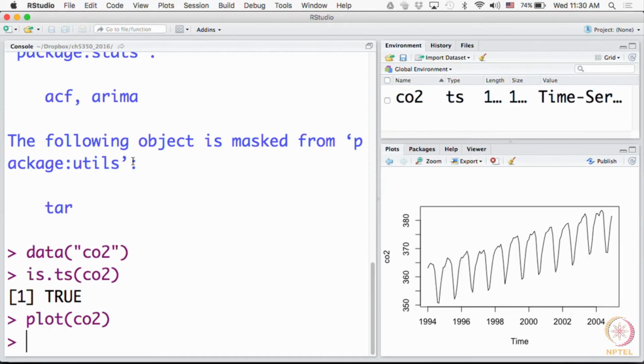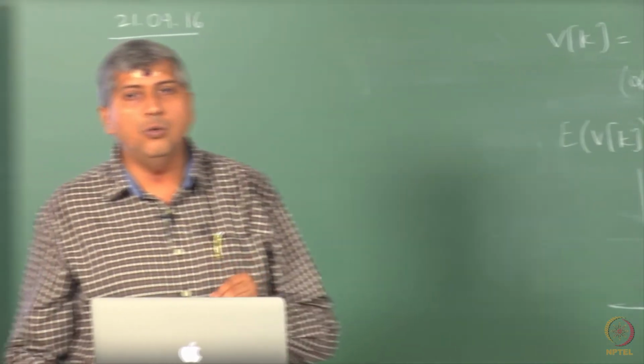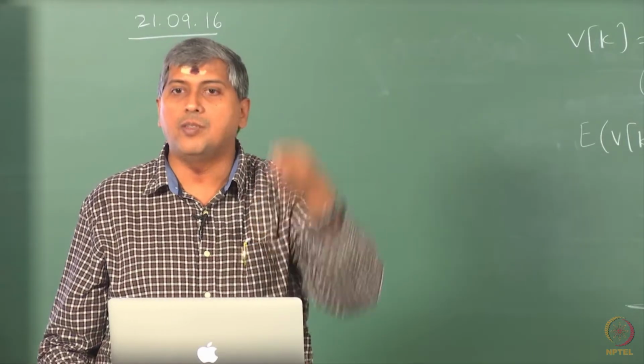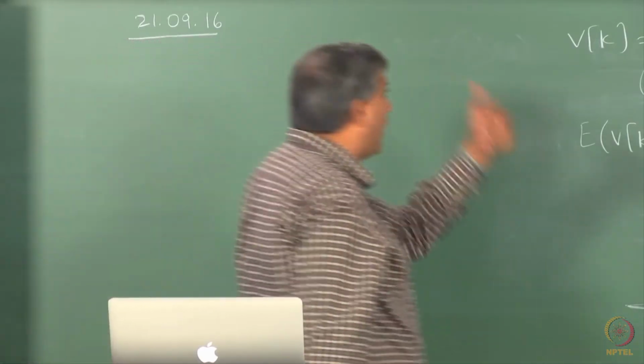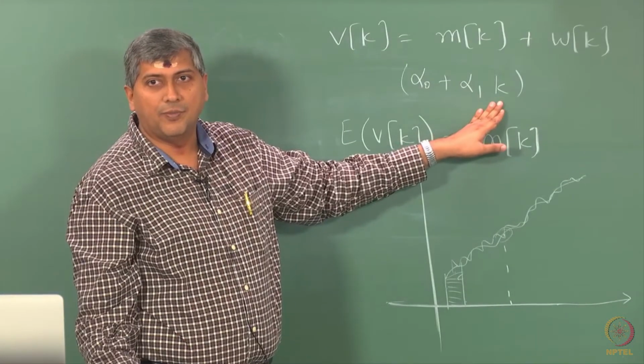Now, let us say I want to fit a linear trend to this. The classic approach in R is to use the LM routine, where you fit a model of this form: series equals alpha naught plus alpha 1 k. Now, if you have to do that, you have to first extract or construct the time stamp vector, because the regressor here is the time instant itself.